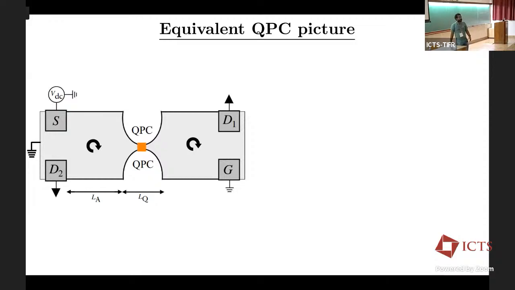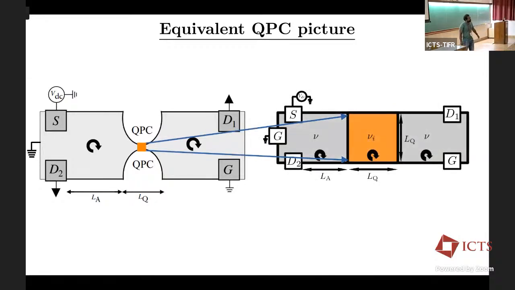But it can also happen sometimes that a small quantum Hall liquid is created at the tip of the QPC. If that happens, I can zoom in, I can redesign, and that problem maps to this problem. Exactly the same. Only this time you have to remember these regions have a different length than this region. It's not symmetric anymore.